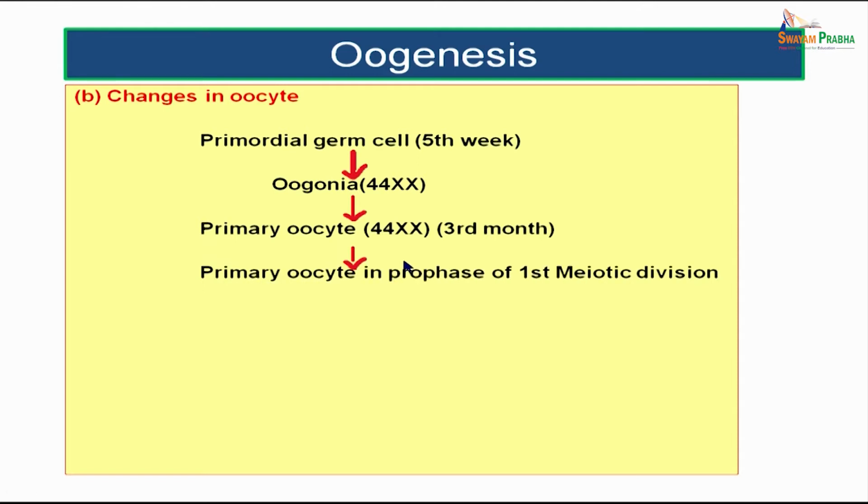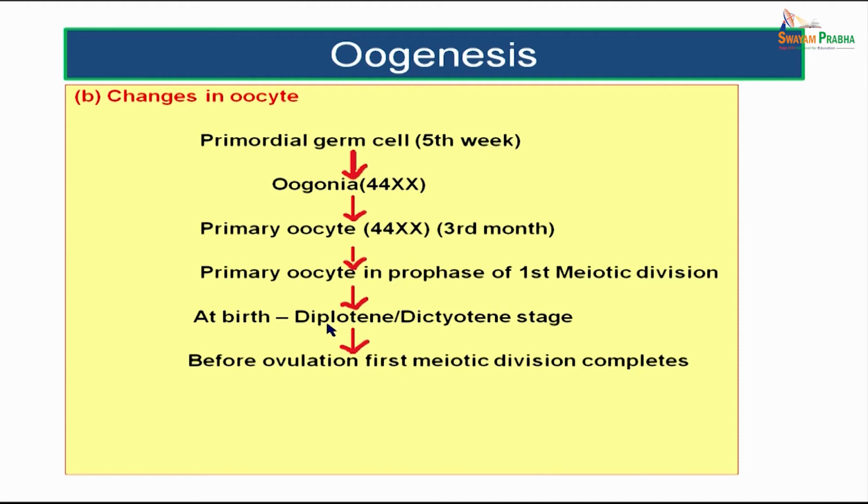After that you have the primary oocyte in the prophase, because the first meiotic division is not completed before birth. So, you have the primary oocyte which is arrested in the prophase of the first meiotic division. At the time of birth we have the primary oocyte arrested in the prophase of the first meiotic division, and if you want to say it more precisely, it is the diplotene or dictyotene stage of prophase 1.